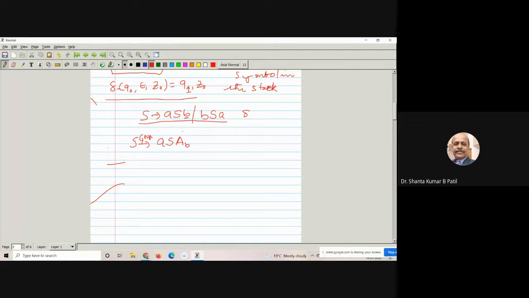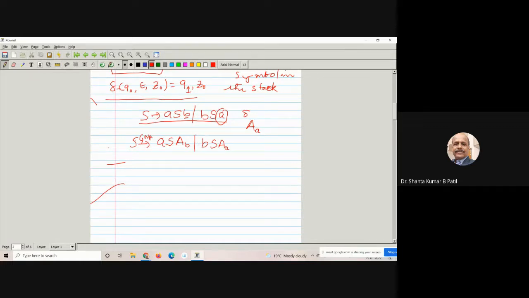Now I'll replace B by AB, and in this case BS describes the terminal A by the variable capital A. As I told, whenever terminals are there, replace them by the variable A only, and make the base as the terminal.